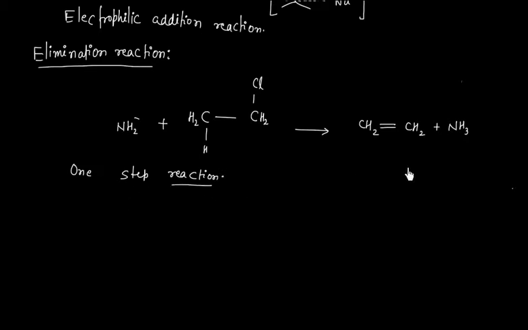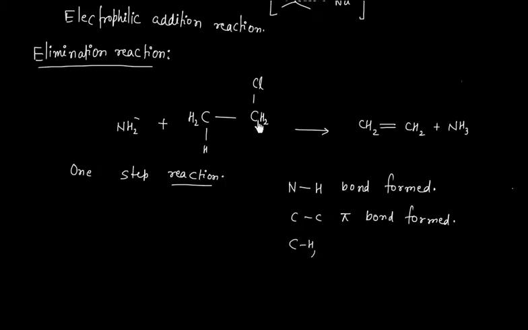So we have to see the changes. Basically there is a nitrogen-hydrogen bond that has formed. A carbon-carbon pi bond has formed. A carbon-hydrogen bond has broken, and a carbon-chlorine bond has broken. We have to show all the changes in one step.